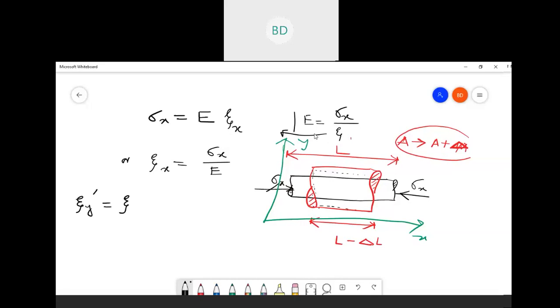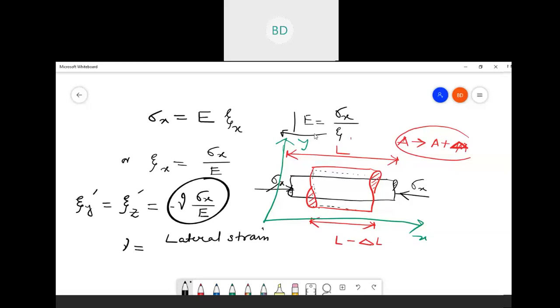Similarly, we can write strain in z direction is equal to nu sigma x by E. Now, let me come to this point one more time. You know, Poisson's ratio nu is equal to lateral strain by longitudinal strain.